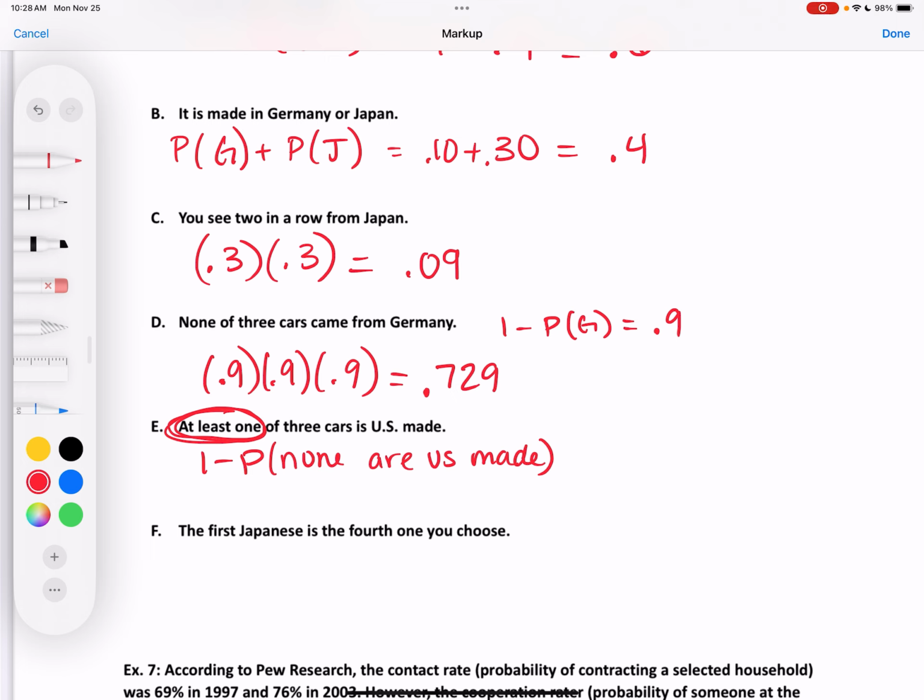So this is 1 minus 0.6 cubed, which ends up giving us 0.784.